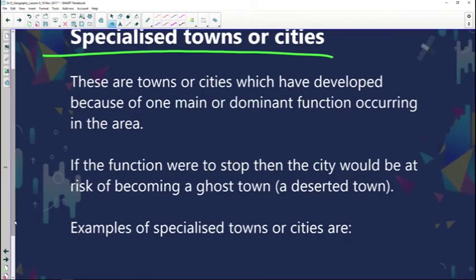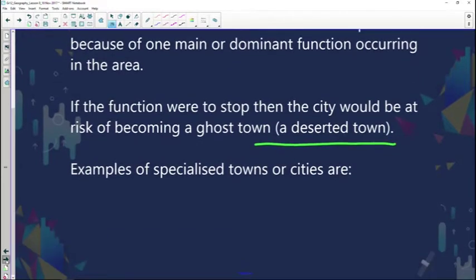If that function didn't take place over there, the urban settlement or the town wouldn't have existed. If this function doesn't take place anymore, it can turn into a ghost town or a deserted town. So it's very important that this function keeps on going.